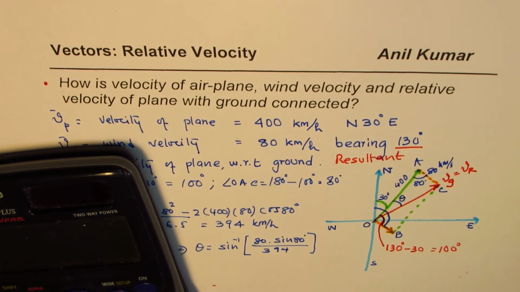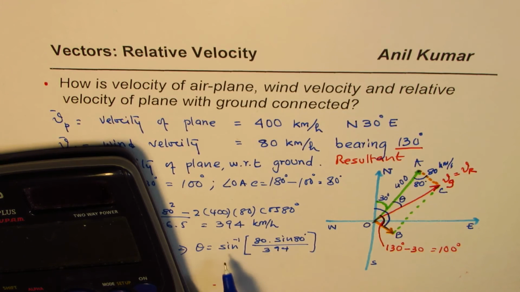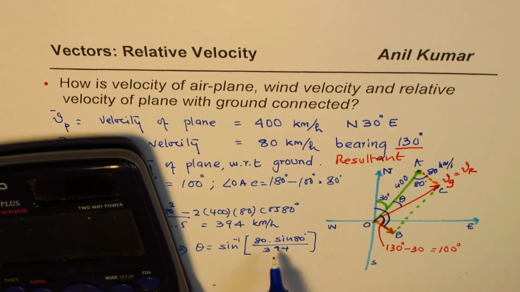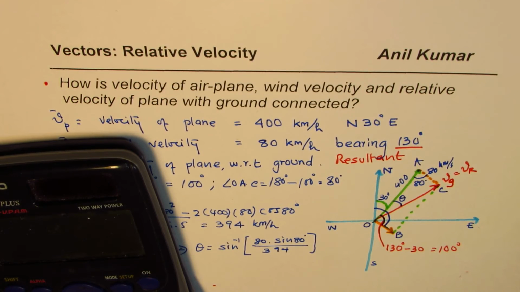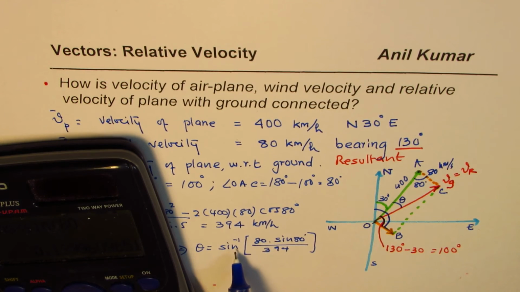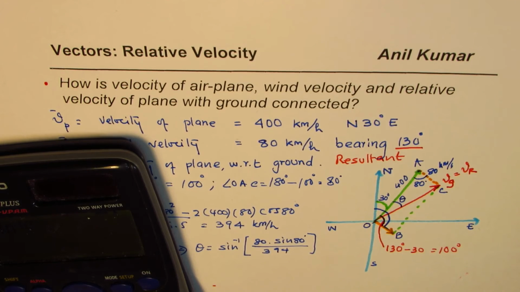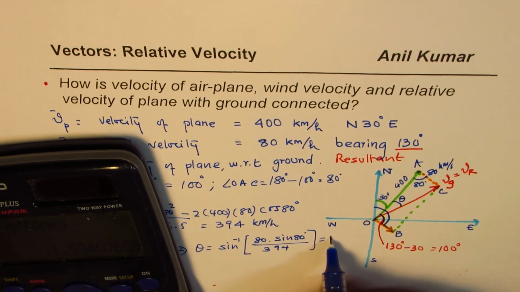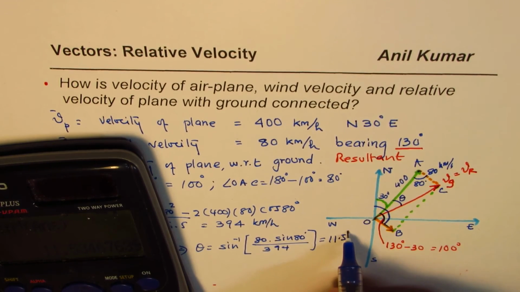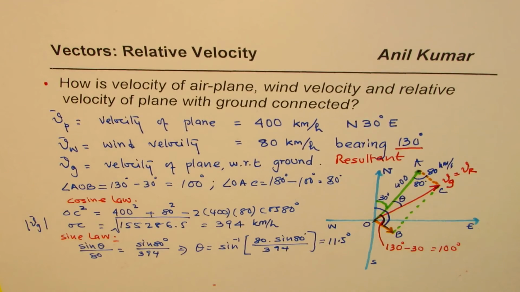Okay, so I prefer to do the inside first and then do sine inverse, right? So we have 80 divided by 394 times sine 80 equals. So we get some number and we'll do sine inverse of this, right? So shift sine inverse of the answer, and that gives us 11.5 degrees. Let's take this, okay. 11.5 degrees.